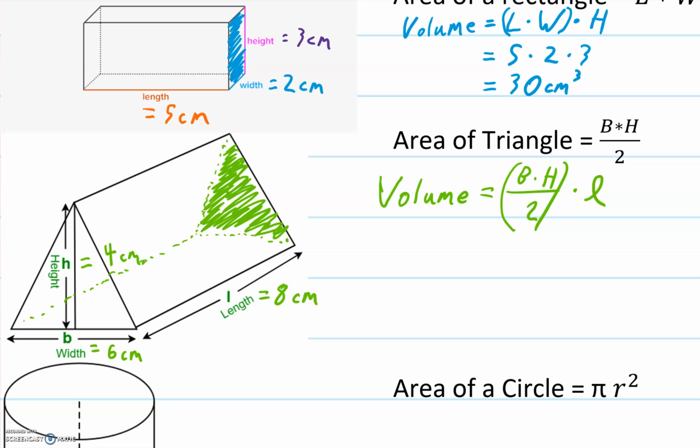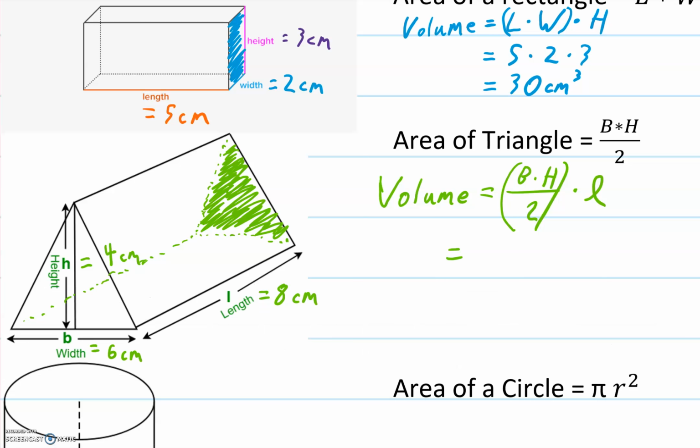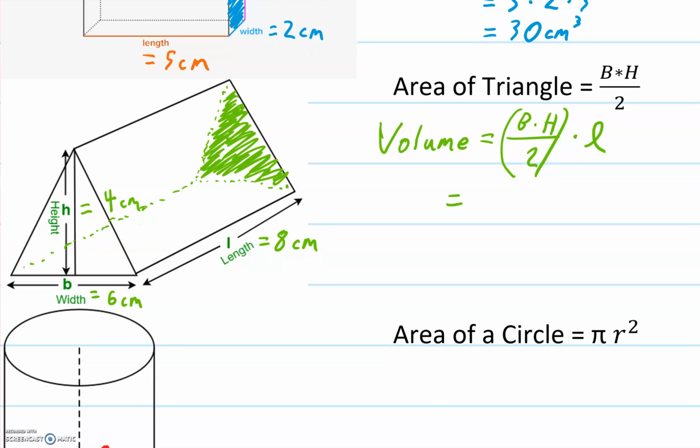So if we do that in this case, base times height is 6 times 4 divided by 2, and the length is 8. So let's calculate that out. 6 times 4 is 24, divided by 2 is 12, times 8. 12 times 8 is 96. So 96 centimeters cubed.